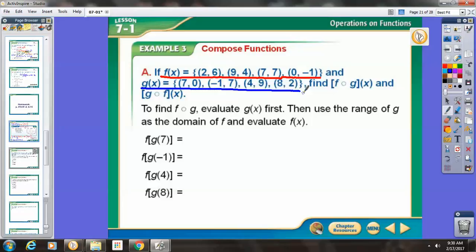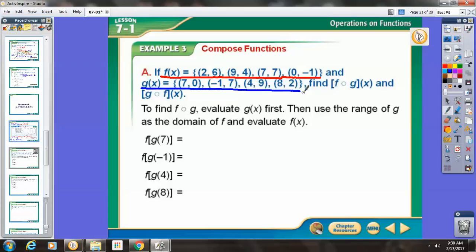F of x is a set of ordered pairs, and g of x is a set of ordered pairs, right? In an ordered pair, does everybody agree that we have an x and we have a y value? X, what do we call that x? It's our domain, but also our input. What do we call the y coordinate? Output. The x is your input, the y is our output.